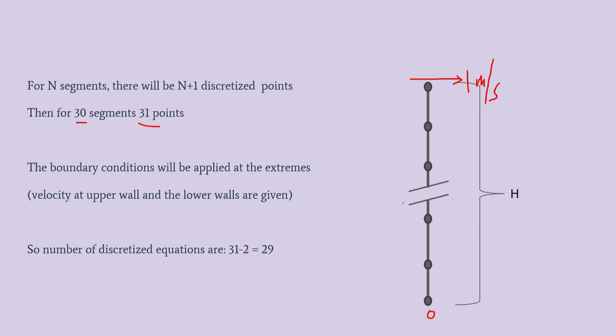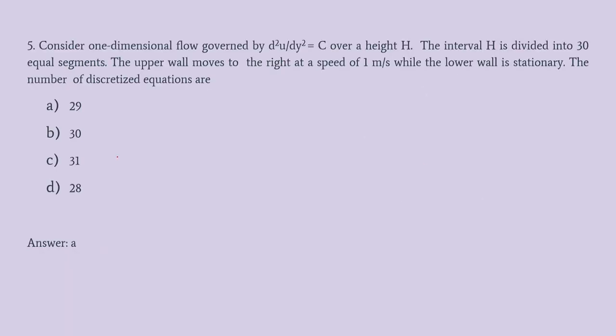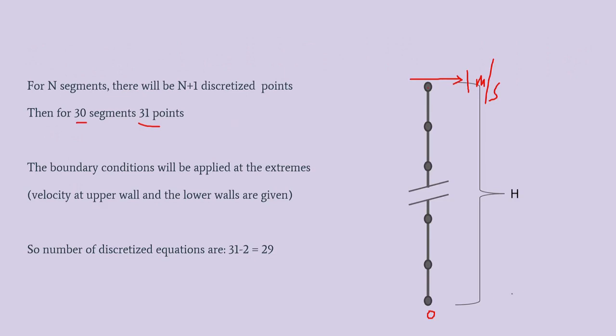From that, our question is the number of discretized equations. In which nodes do we need discretized equations to find the value? The total number is n plus 1, that is 31.